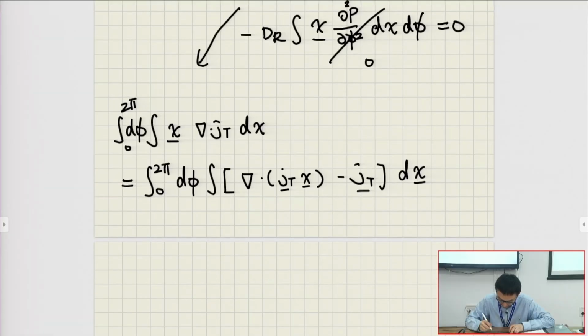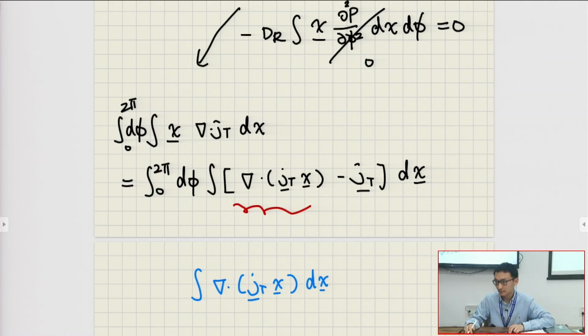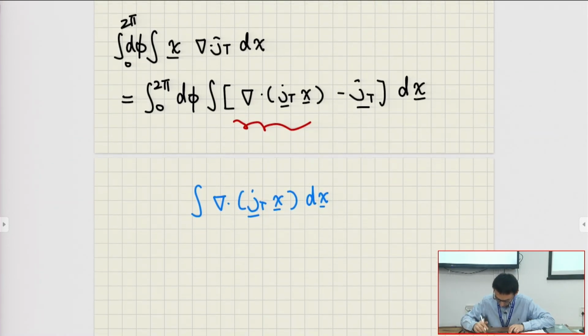If you look at this term here, we have the integral in space of the divergence of a quantity, j times x, over the entire space. So we can apply the divergence theorem once again. This becomes an integral at infinity of the normal vector pointing out, dotted with the flux times x, dS, the surface integral.